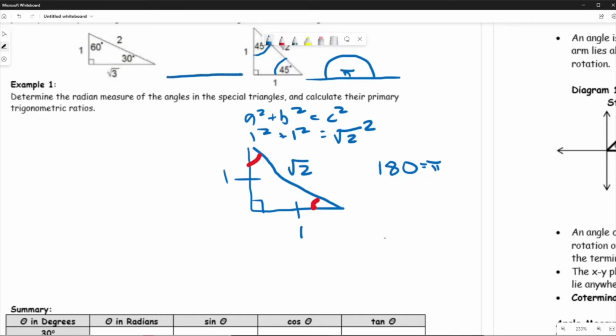Think about a 45-degree angle: it is that same 180, but split into 4 equal parts. Each part would be 45, so that the whole thing makes 180.